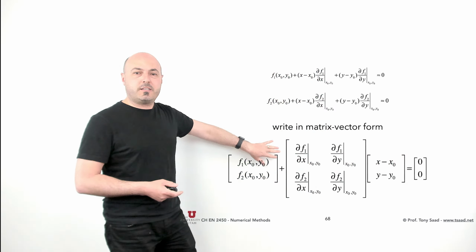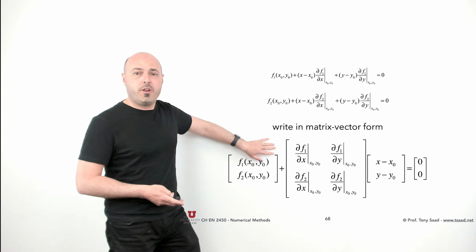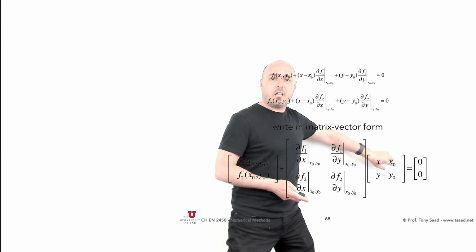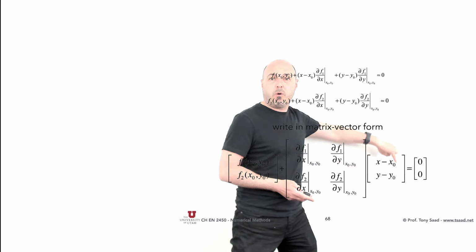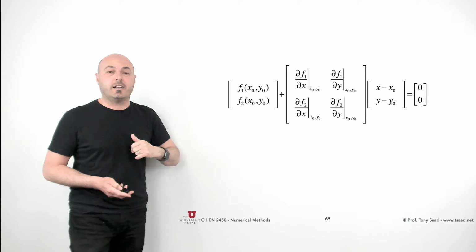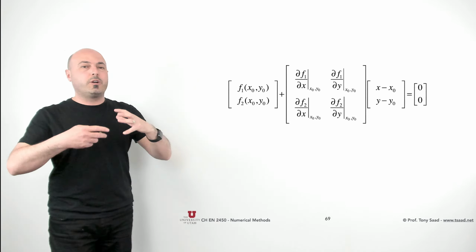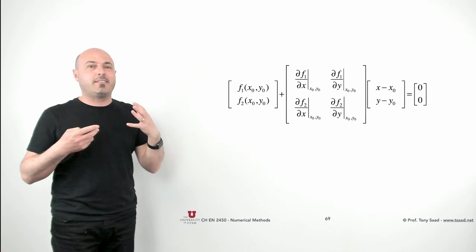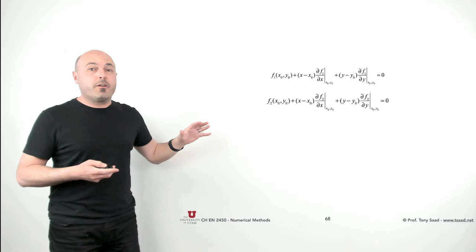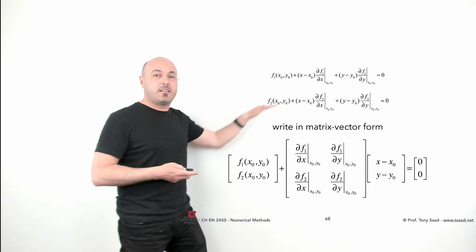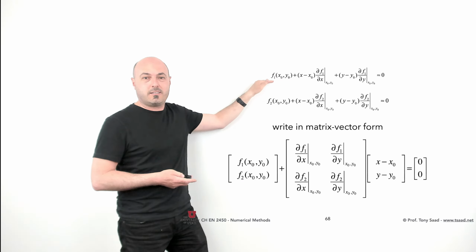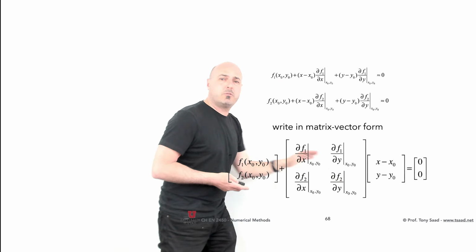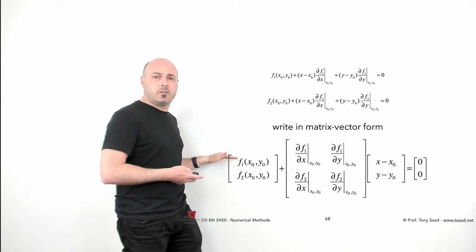Now, this is known, and this is known. This guy has the unknowns in it, x and y, and we know x0 and y0 because those are the initial guess. If you're not convinced that this is identical to the system of equations, just carry out the matrix vector multiplication.